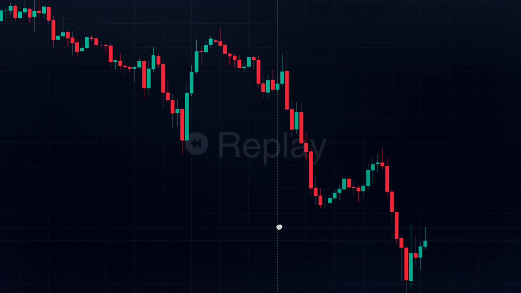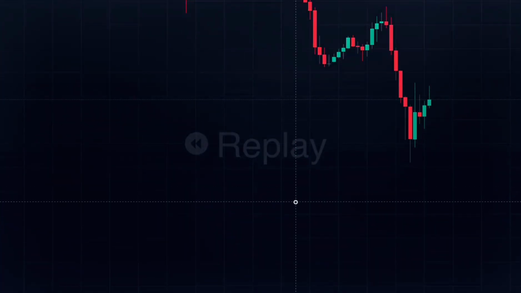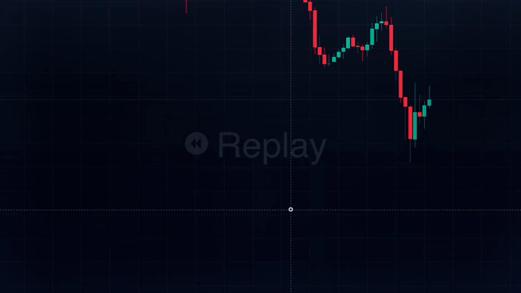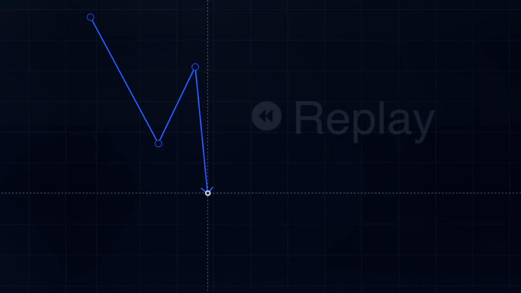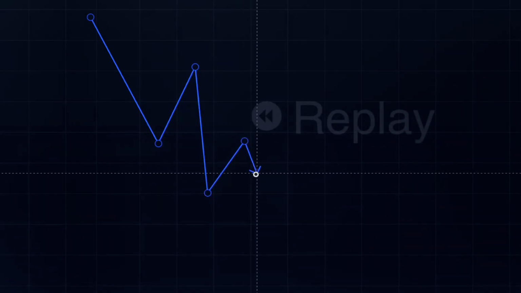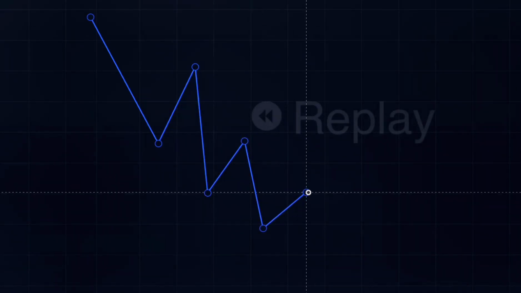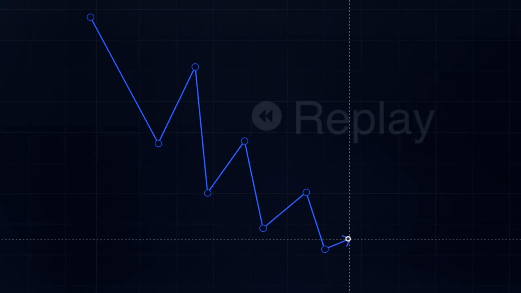So first, let's define what a double bottom actually is. Let's take a tool here. A double bottom forms after a clear downtrend. Let's say we have a lower high, lower low, lower high, lower low, lower high, and lower low.